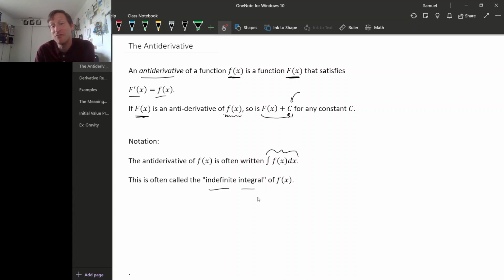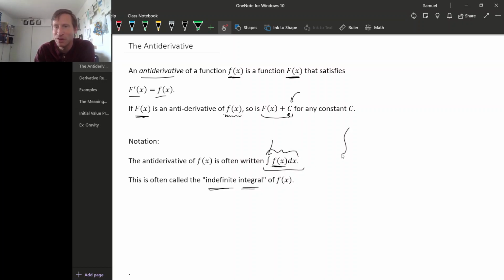I'm going to leave that vague for now. You'll learn in future calculus classes what exactly this terminology means. But just keep in mind that this is supposed to be a very long S for historical reasons. This clump of symbols really just means the antiderivative of whatever function is showing up inside here.